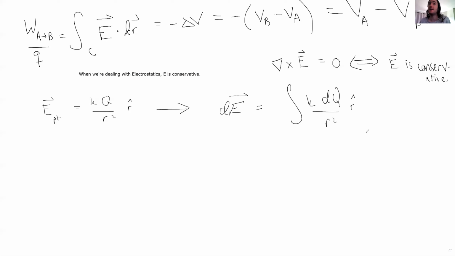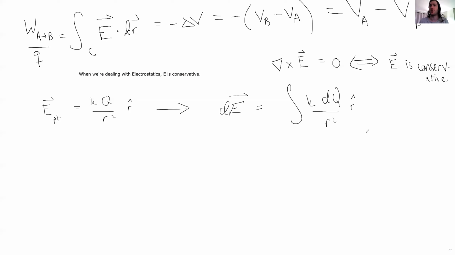Now, does that mean if we're doing electrodynamics that all electric fields will be conservative? No, in that case we would need to show it for that case. But in the case of electrostatics, it is as simple as showing a point charge is conservative.